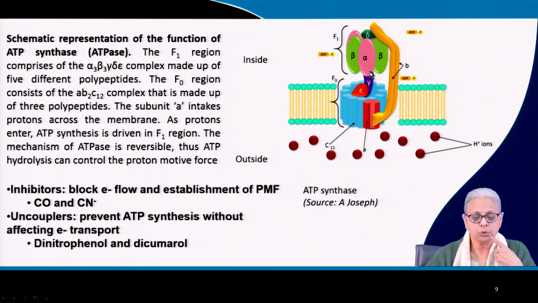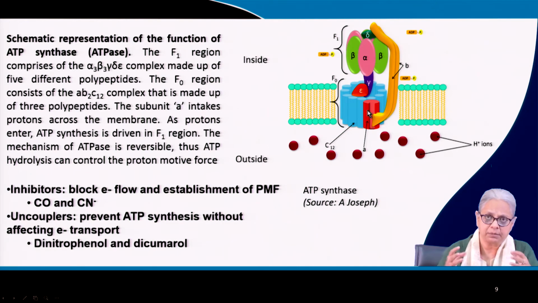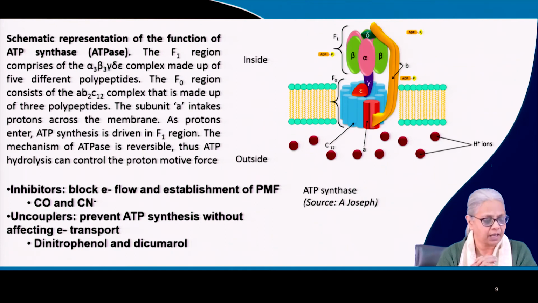Now, as these protons enter the membrane, this ATP synthesis will happen on the other side. So here you have ADP, and ADP will be attached to a phosphate molecule, and in that process the proton motive force will be utilized, and ATP hydrolysis, so basically water molecules are lost, ATP is generated from the ADP molecules, and that is how the entire thing happens.